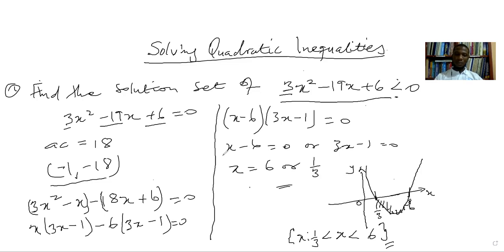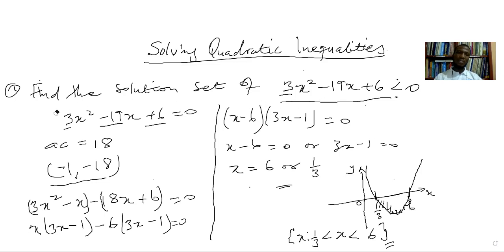So what about if it should be greater than? What are we going to have? So we are going to solve the same question, but now changing the sign to greater than, where we will be shading above the axis.